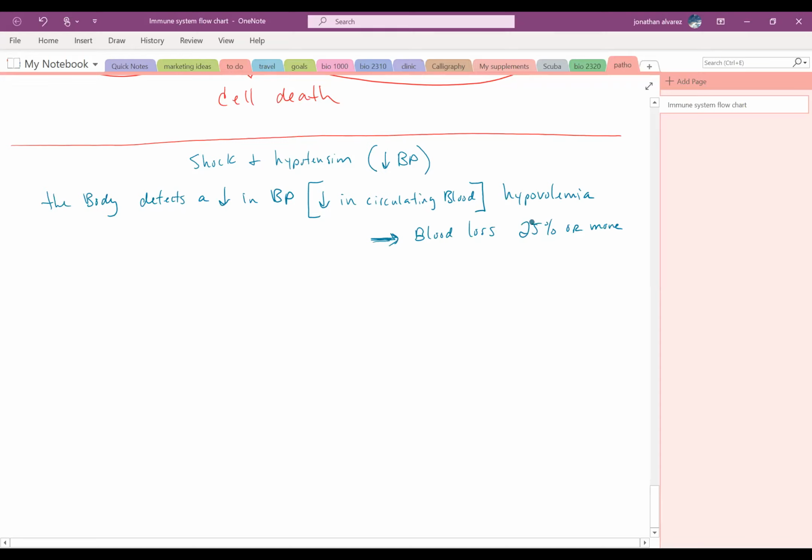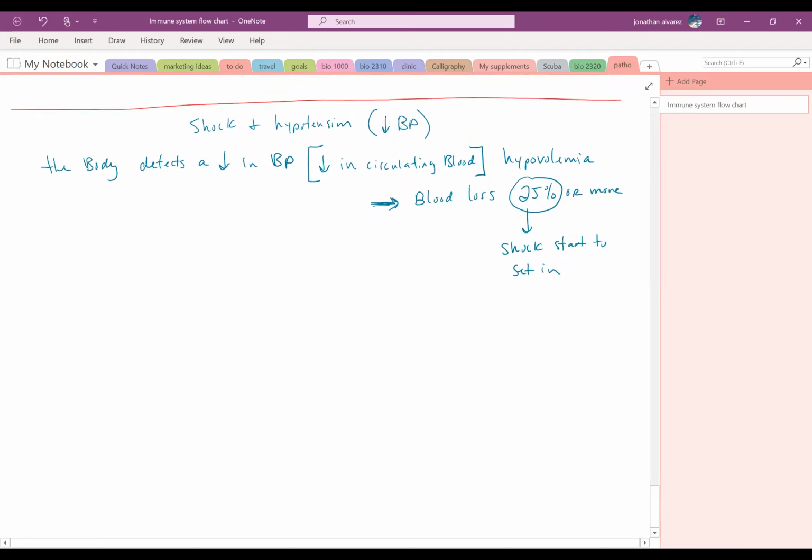And this number is usually when shock starts to set in. Okay, so at 25% hypovolemia, it's when shock will start to set in.